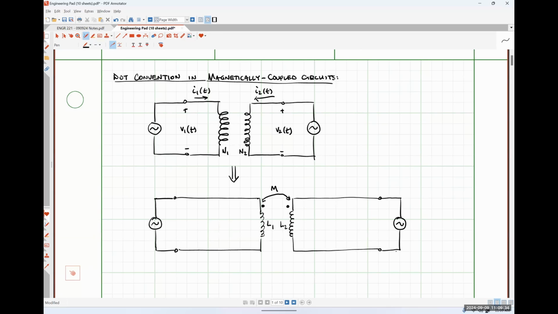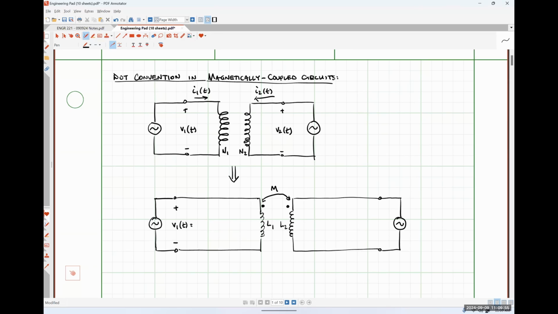So let's put some things in place here. Once again, the voltage drop over the terminals of coil 1 is simply going to be the voltage V1. And as we learned in our last class meeting, this induced voltage V1 will have a self-induced voltage term and a mutually induced voltage term.